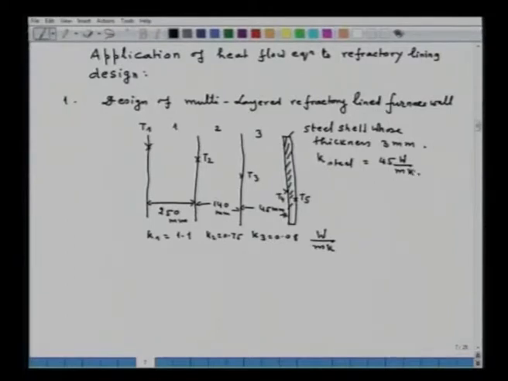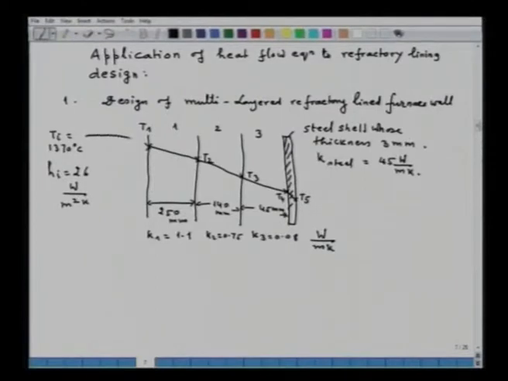Now, if I represent the temperature profile, then inside the material it will be linear. Let us consider this is the temperature of the furnace, Ti, that is equal to 137 degrees Celsius, and Hi that is equal to 26 watt per meter square Kelvin.